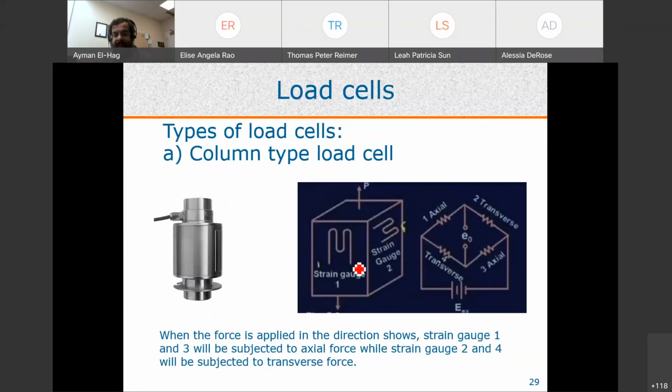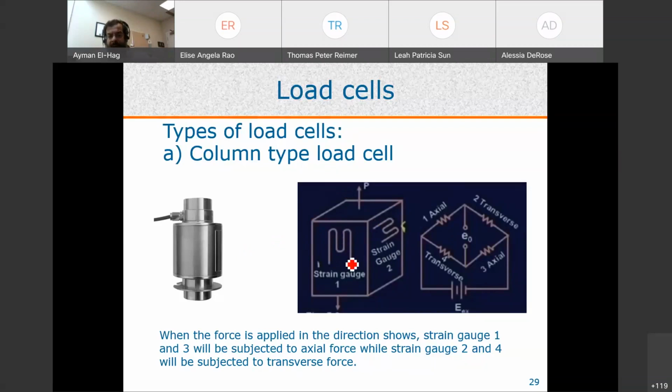Now you can see here there is R1 here, and in the other side or opposite to it is R3, and here is R2 and R4. And when we apply a force, a tension force to it, this object or this load cell will start to elongate, which will lead that the strain gauge 1 will start to elongate because the force is in the same direction as the strain gauge.